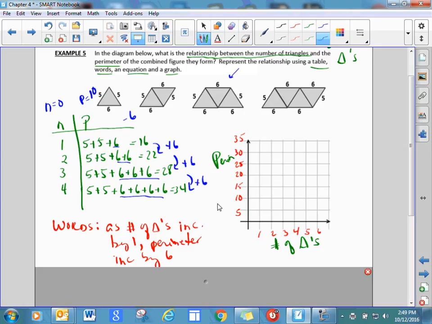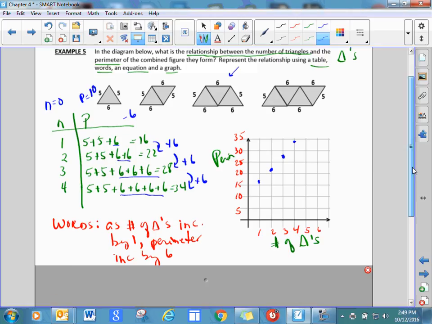So if I were to plot these, I'll see if I can do this. 1 is 16, which is about right there. 2 is 22. 3 is 28. Might be up there a little bit. 4 is 34, which is right underneath 35. So that's the graph of the points I picked.